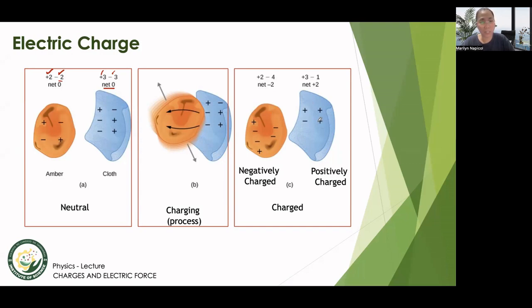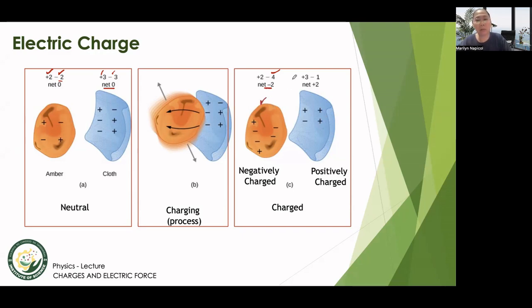Magkaiba na ngayon yung bilang ng charges nila. Mas marami yung bilang ng negative charges dito sa amber. Let's count that: 1, 2, 3, 4. And then, dalawa lang yung kanyang positive charge. If you will add them, it's just like saying you have positive 2 and negative 4, so you have negative 2. Therefore, itong amber natin is negatively charged.